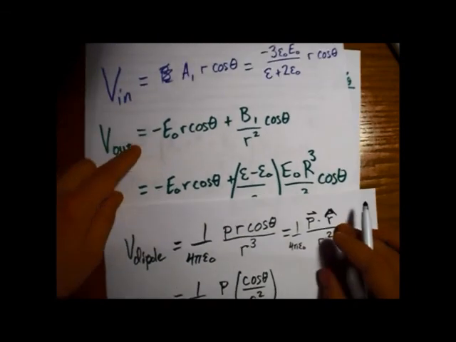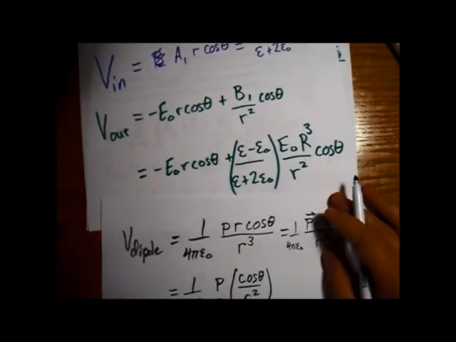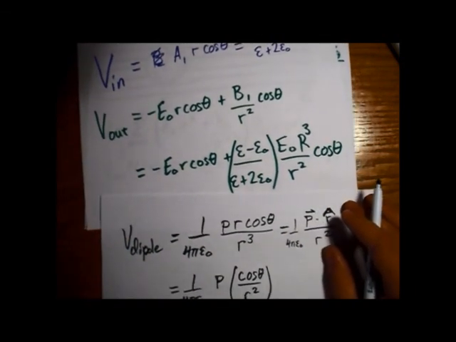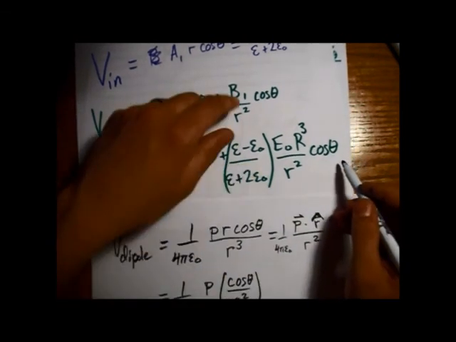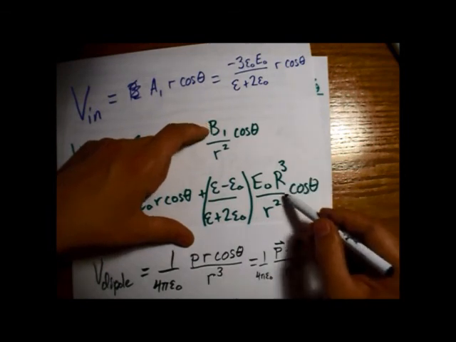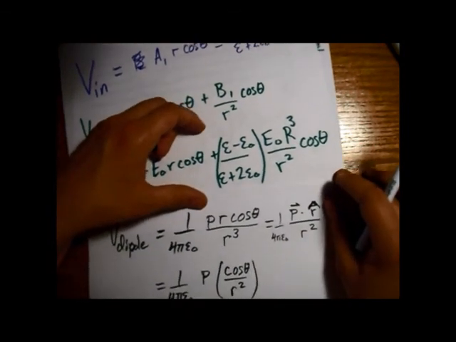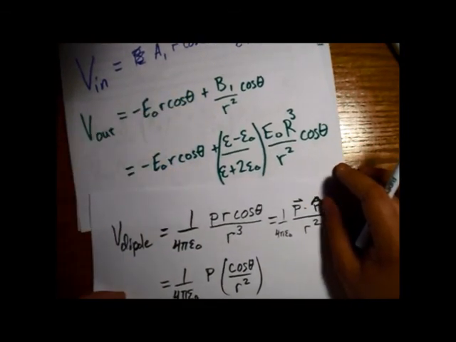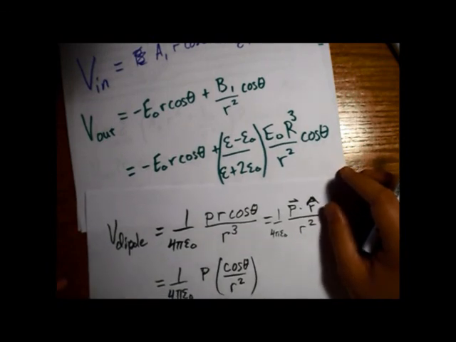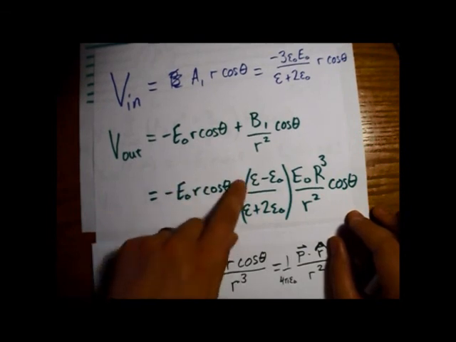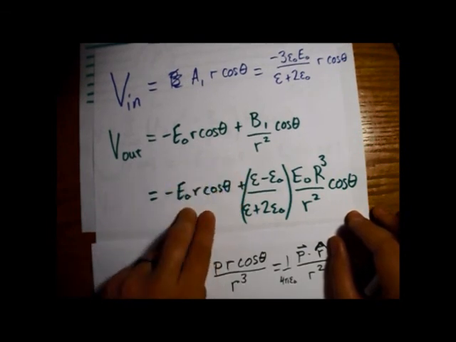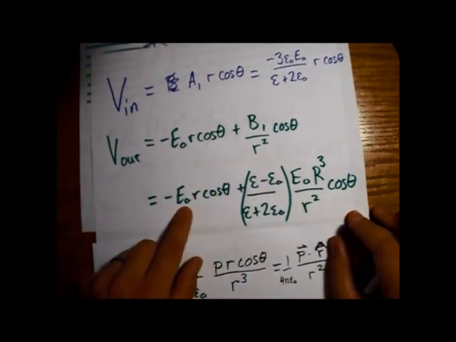Okay, so by comparing this outside potential to the potential of a dipole, look at this cosine of theta over r squared. Well, here also is a cosine of theta over r squared. Okay, and so, oh, and then by the way, this potential, this is the part from the field, right? Take away the whole sphere, and here's what you get.